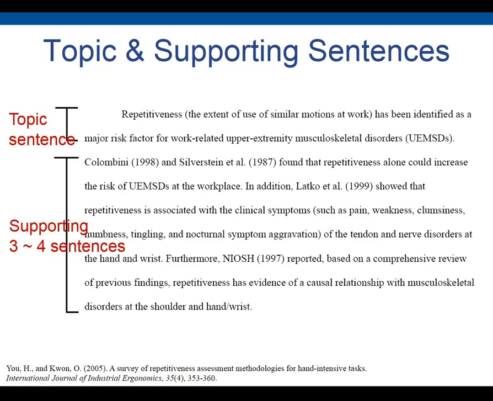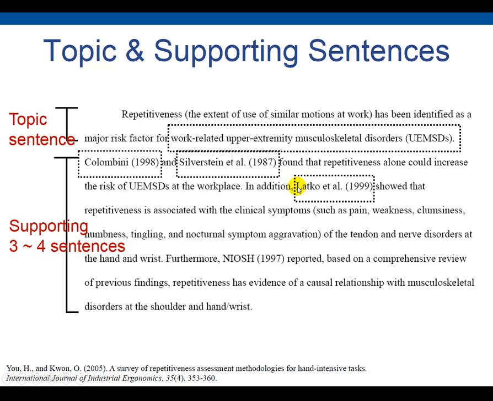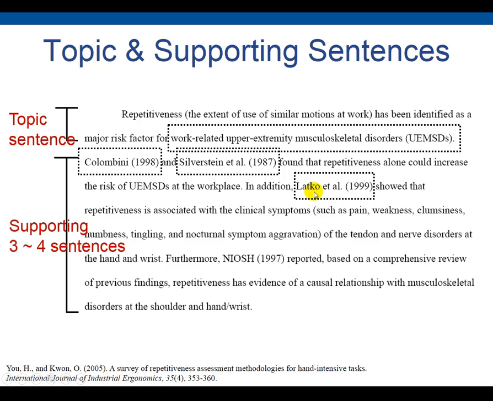If there is one author, you can simply write the author's last name. This is the first author's last name, Silberstein, and et al. We don't want to put the 3 or 4 people's last names here. Here again, Lacto is the last name of the first author.